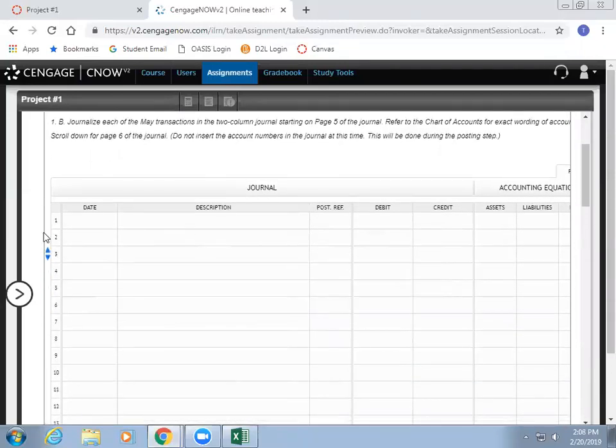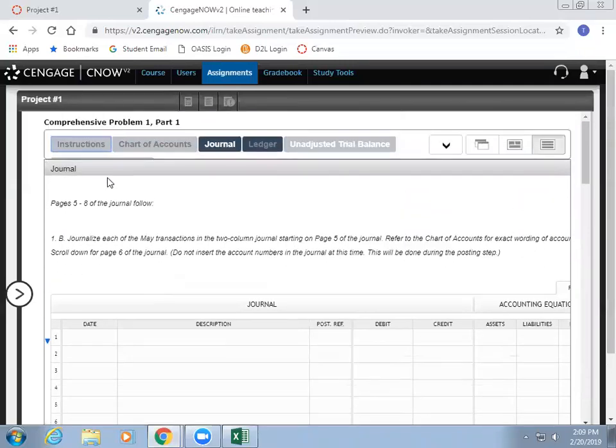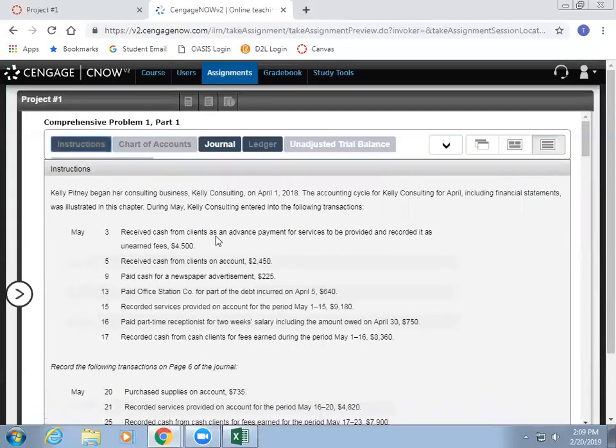So you would just journalize the transactions, putting the date on the first line, and then the description, whatever account you're affecting first. So let's just see, for example, received cash from clients as advanced payment for services to be provided and recorded as unearned fees.